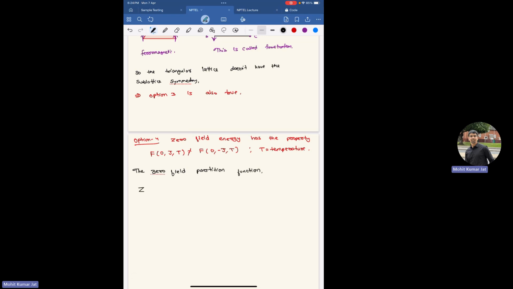We write it as Z0(-J, T). We all know how to write the partition function: Si equals plus minus 1, exponential of minus beta H, where beta is 1 by kBT, k is the Boltzmann constant.